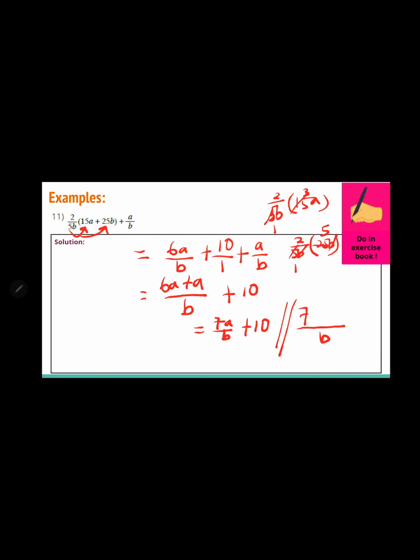So you have 7a plus 10b. Know how to do? Multiply b up and down, you will get that. So either this answer or this answer is acceptable. So this is a combined operation. It looks like we're going to the end.